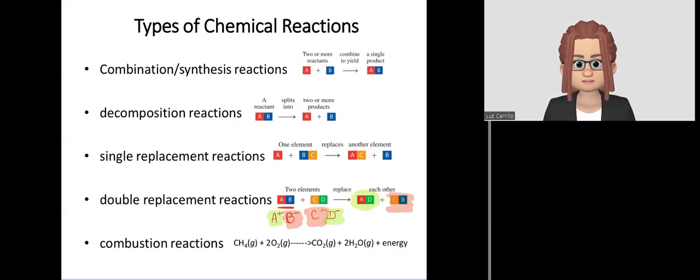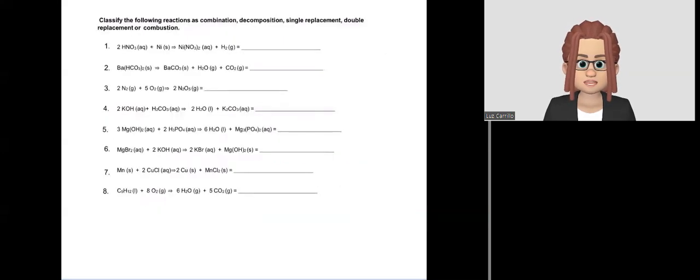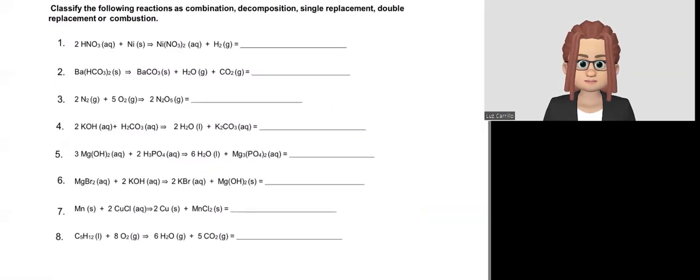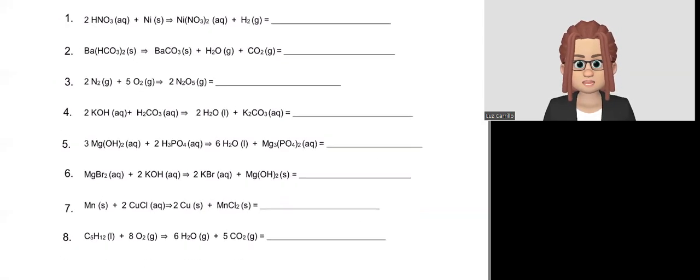And we already observed this specific type of reaction. Let's actually do an example in which we look at reactions given and then classify them based on the classification that we just learned. For this, we are going to do the problems in the following slide. When we look at number 1, we can observe that here we have the compound HNO3, and then we have the single element nickel.